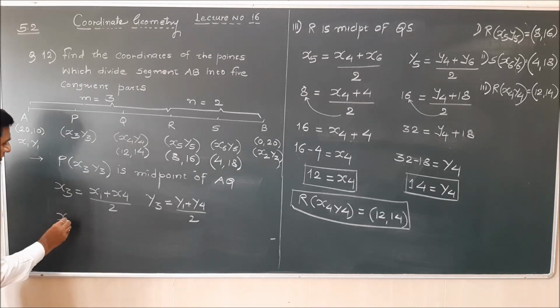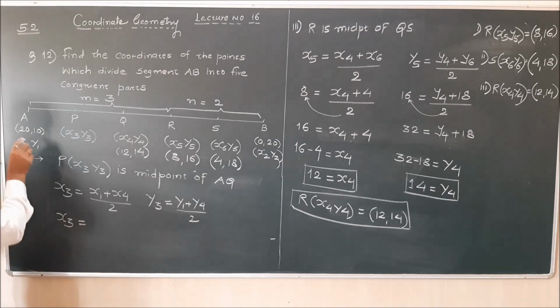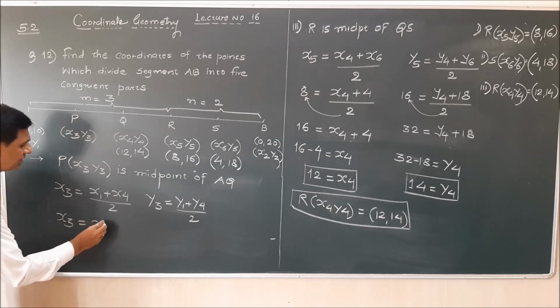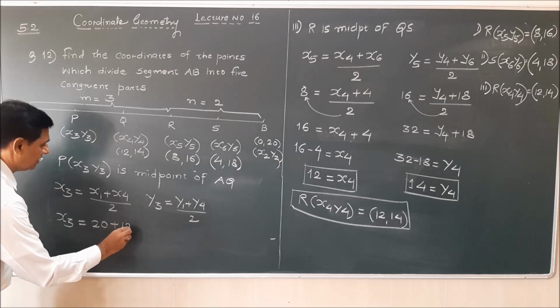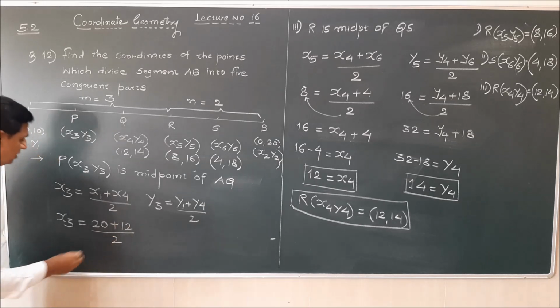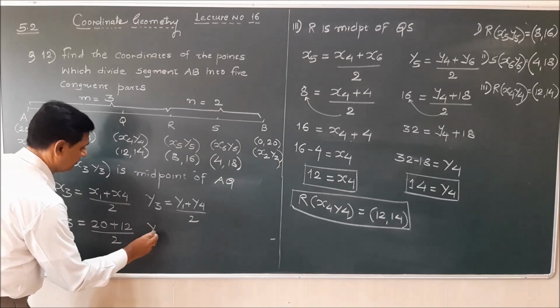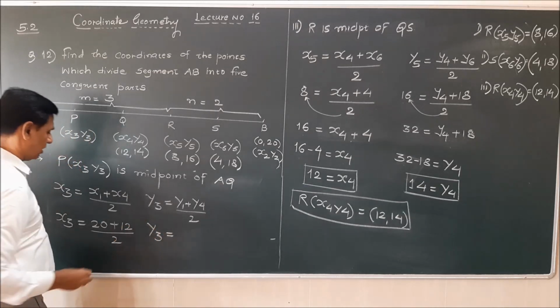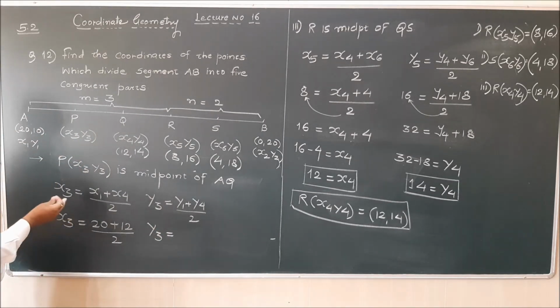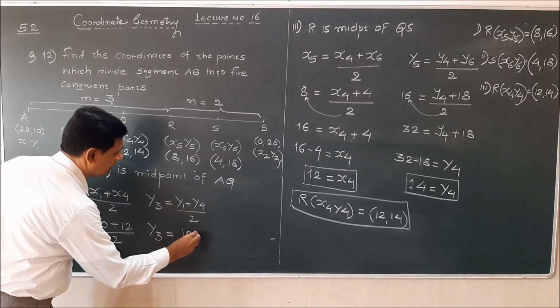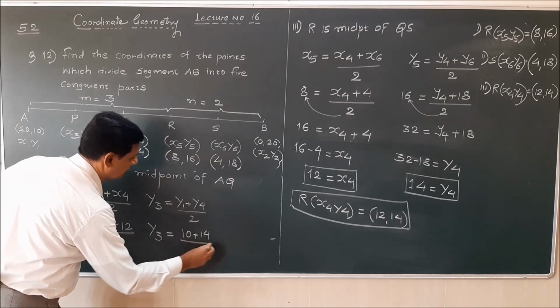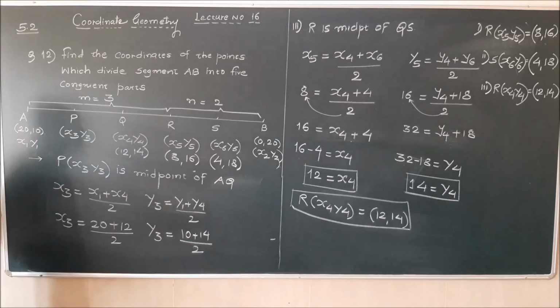So x3 is equal to x1 is 20 plus x4 is 12 upon 2, while that of y3 is equal to y1 plus y4, that is 10 plus 14 upon 2.